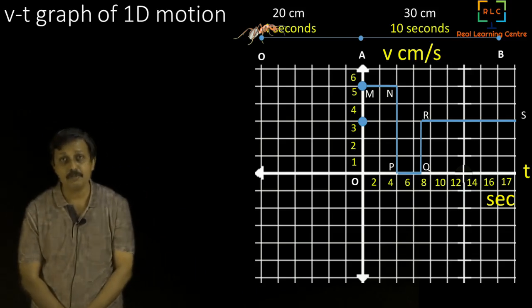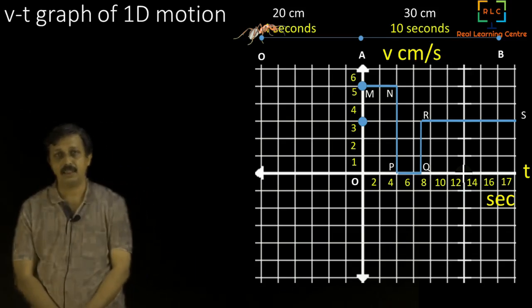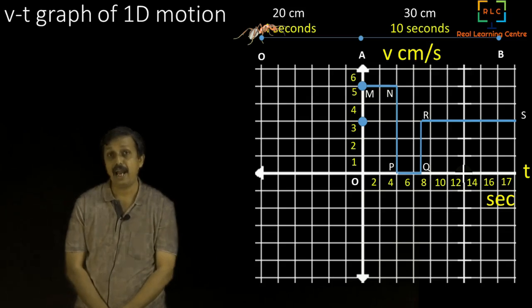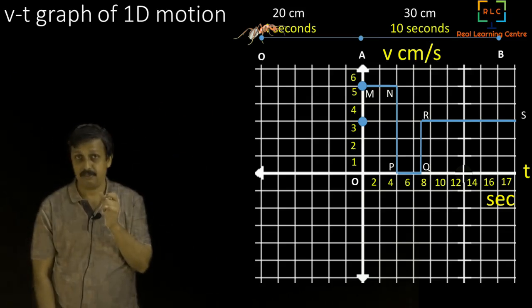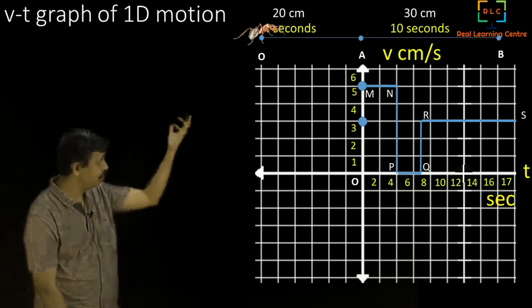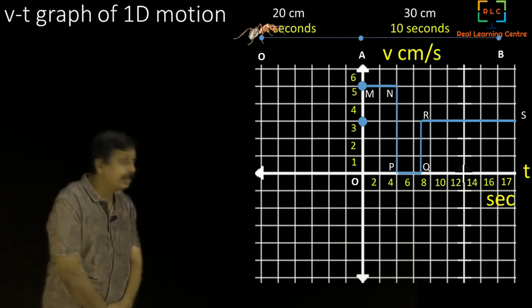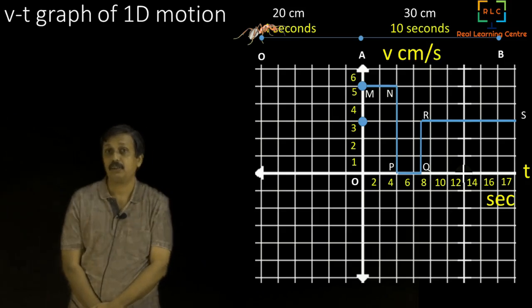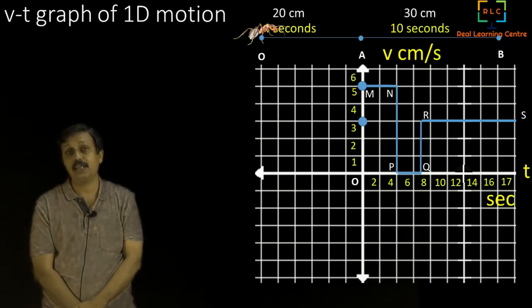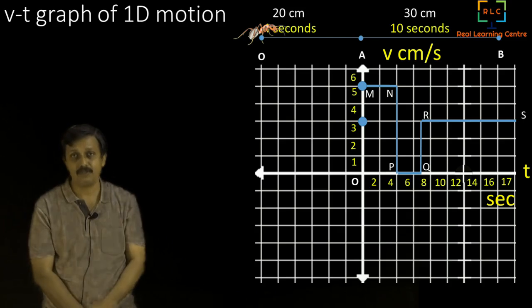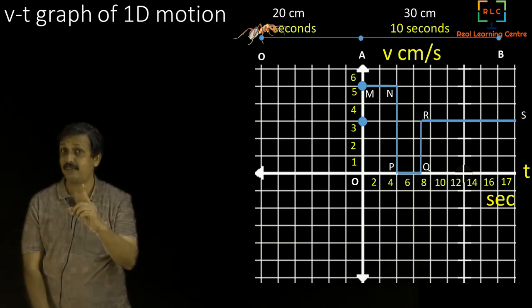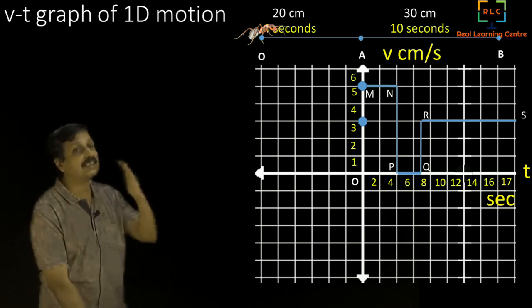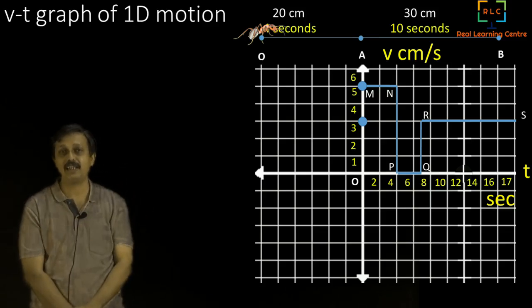Assume the ant moving here has a speedometer tied to its head. If you keep taking the reading of the speedometer, that speed, or velocity, including the direction, is what we plot. Not where it is, but how fast it is moving. That is a VT graph.